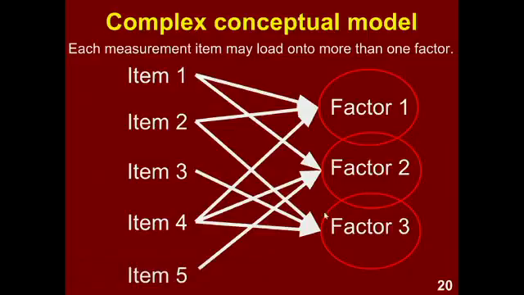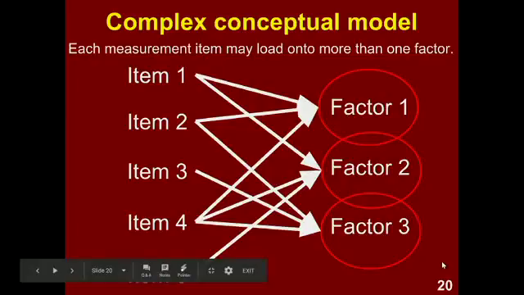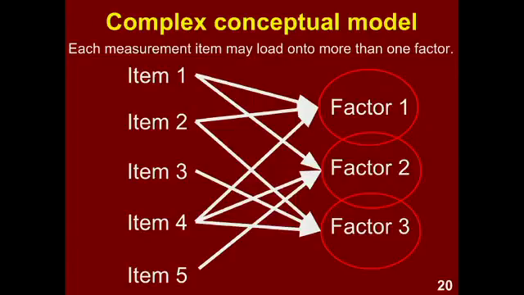Item 3 only belongs to factor 3, but item 4 has a relationship to each of the factors. So our items are not pure measures of a single factor, they are measuring more than one factor. And you can have complex models, but what we're aiming for, and what most good psychometric tests would aim for, is a simple model.